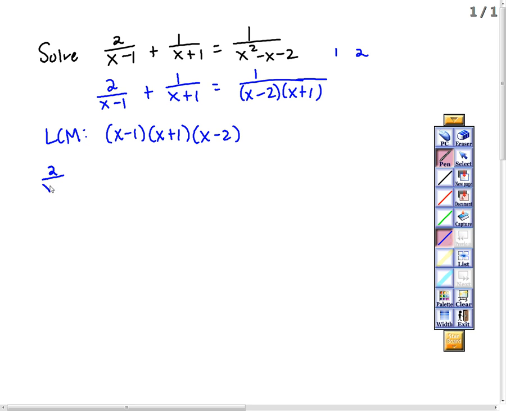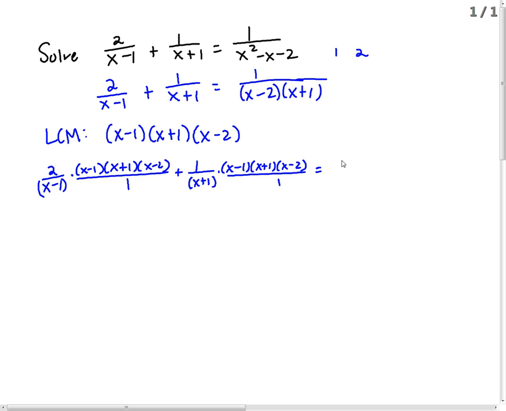So I have 2 over x minus 1 times x minus 1, x plus 1, x minus 2 all over 1, plus 1 over x plus 1 times x minus 1, x plus 1, x minus 2 all over 1, equals 1 over x minus 2 times x plus 1 times x minus 1, x plus 1, x minus 2, all over 1.